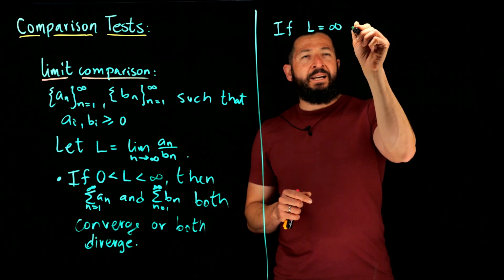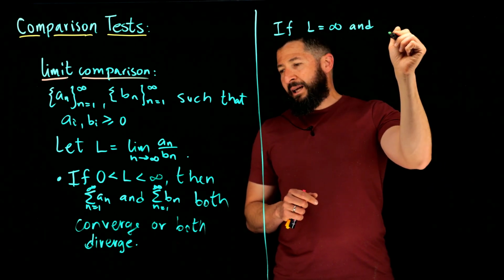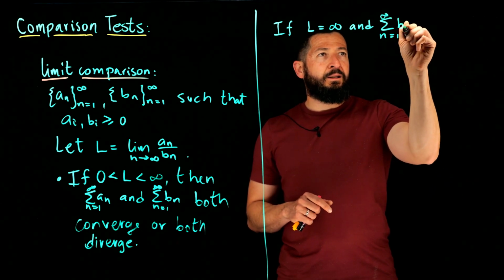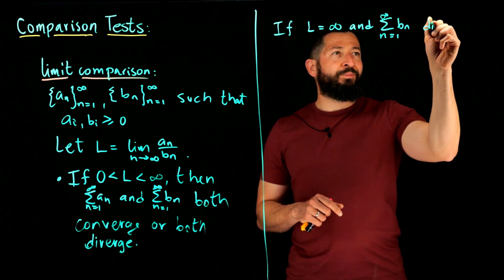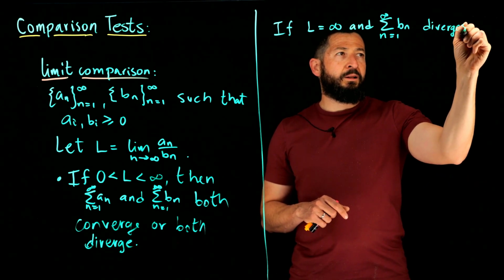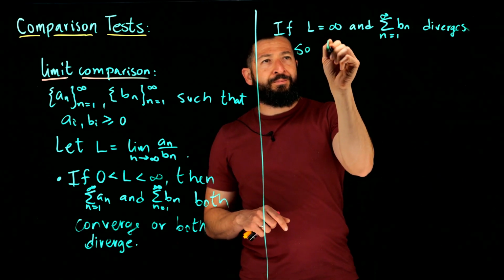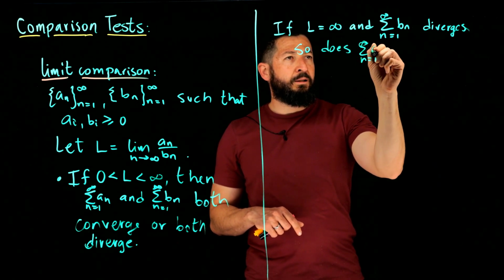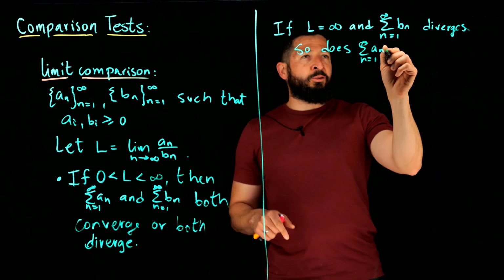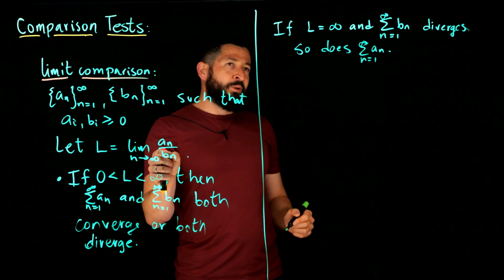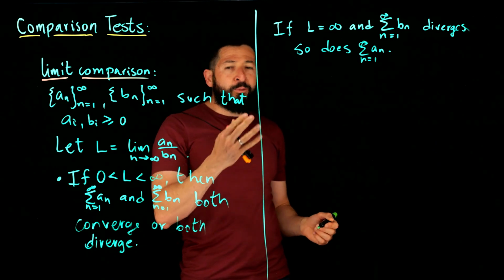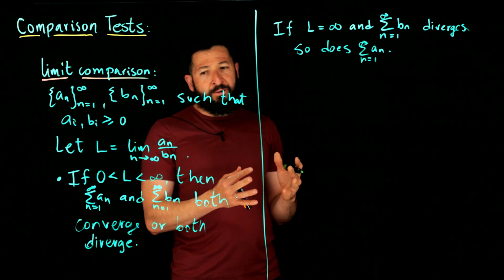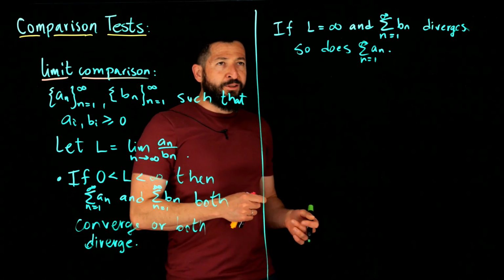So if L is infinity and the series of b_n diverges, so does a_n. Because a_n is growing faster than b_n, going out to infinity at a faster rate, so if the series of the b_n's happens to diverge, then the series of the a_n's will diverge as well.